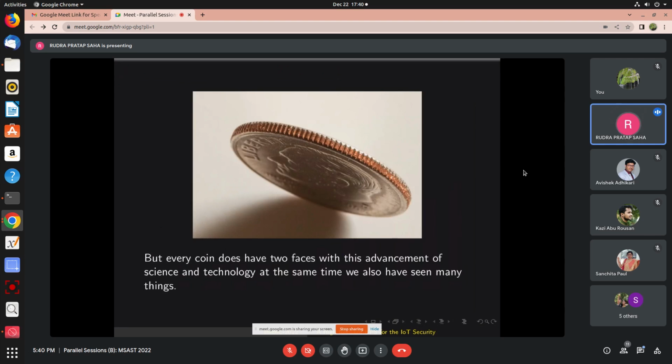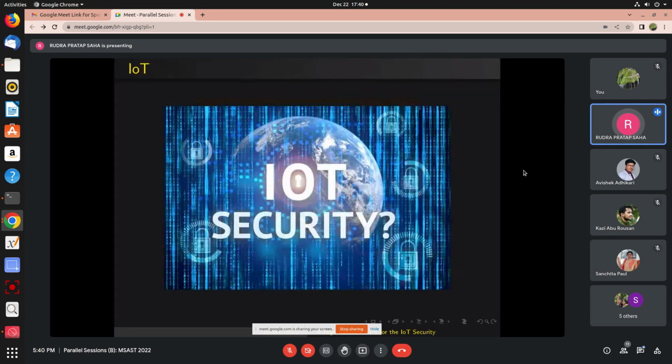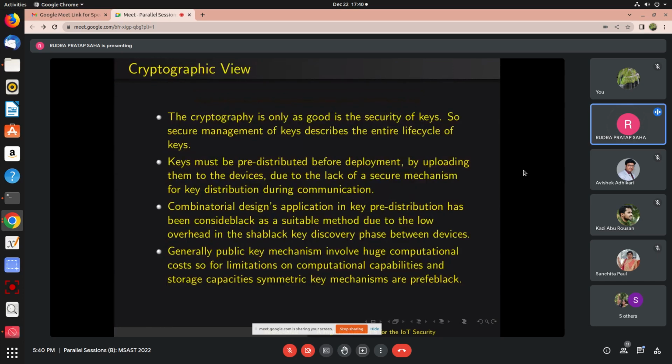But every coin has two faces. With the advancement of science and technology, at the same time, we have also seen many problems. So for that, we require IoT security. To provide IoT security, we go to the cryptography viewpoint. Cryptography is only as good as the security of its keys. Secure management of keys covers the entire life cycle of keys, and keys must be pre-distributed before deployment.